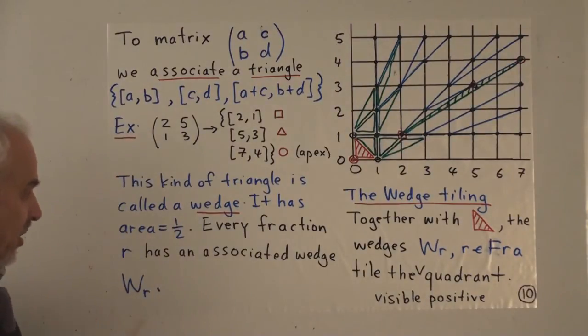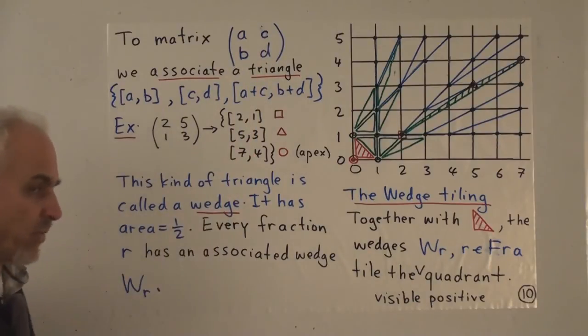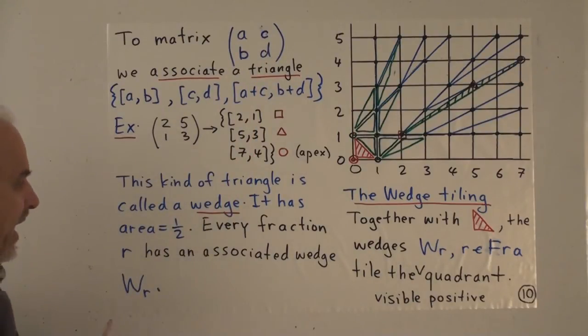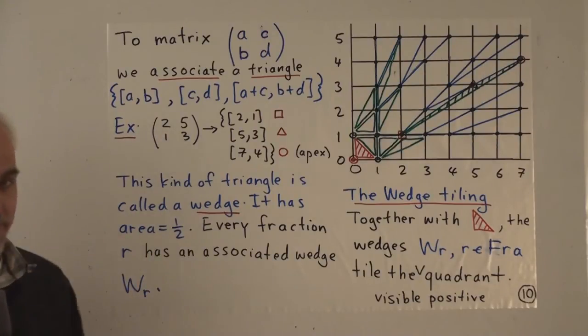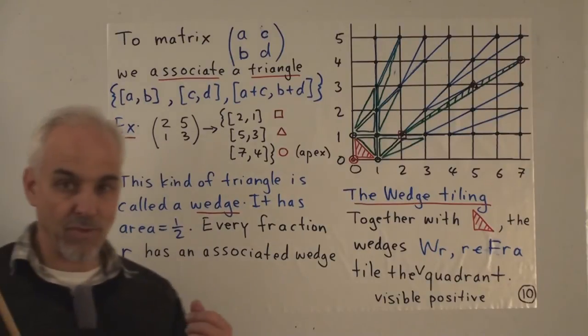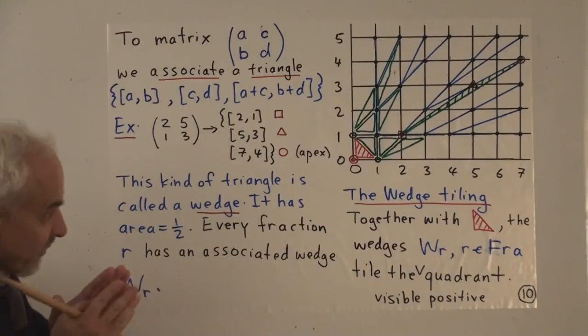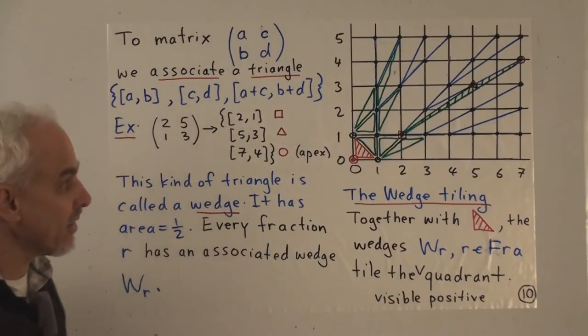This kind of triangle is called a wedge. So for every matrix in the Stern-Brocot tree, we get a wedge. And it has an interesting property. It has area equal to a half. This is the minimal area that a triangle with integral points in the plane can have. In general it is a long, skinny triangle.